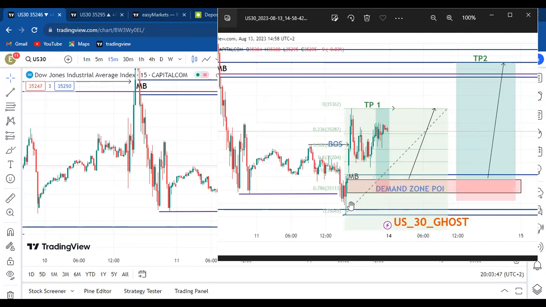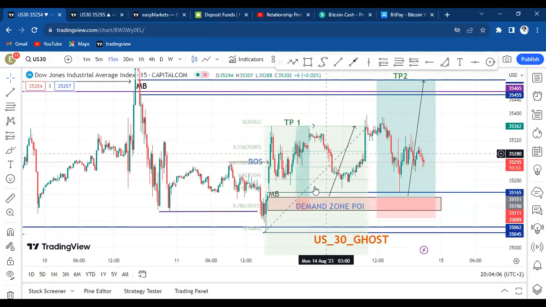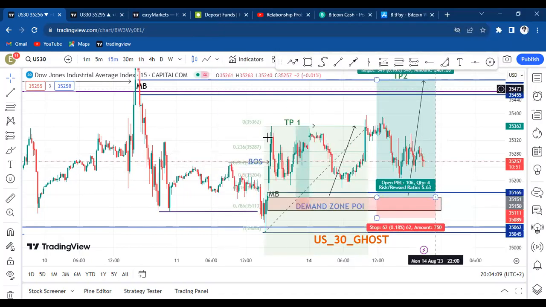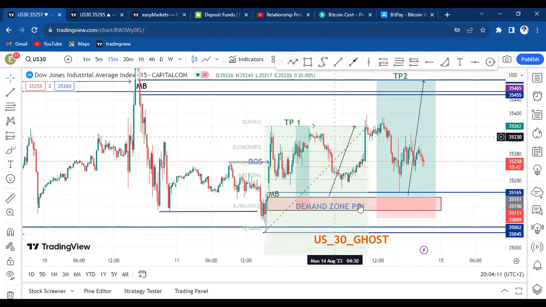These were the predictions that we are buying the market, and the chart played out how we wanted it to play out. So hey, this is exciting, guys. And as you can see, first take profit hit, second take profit hit.